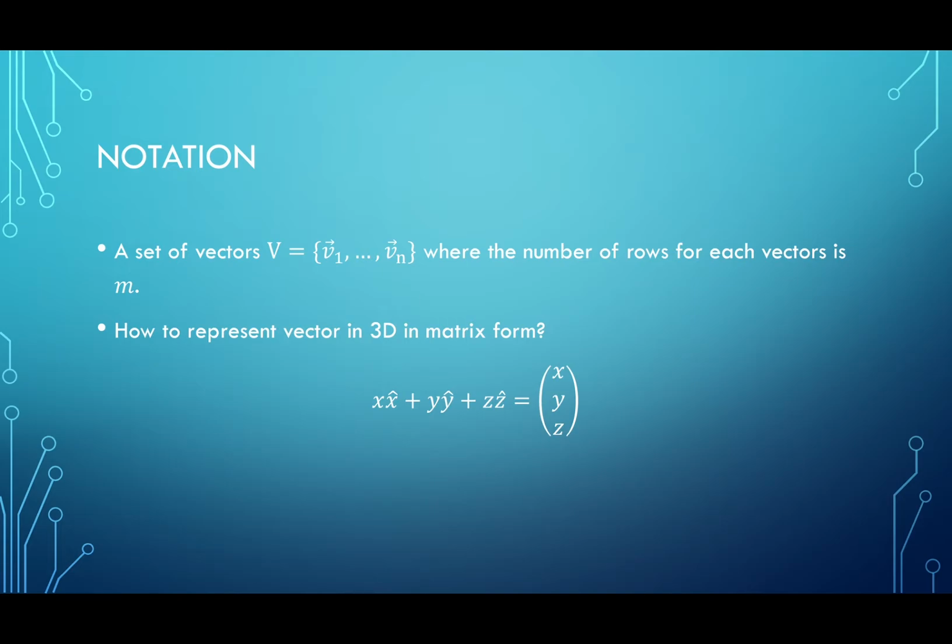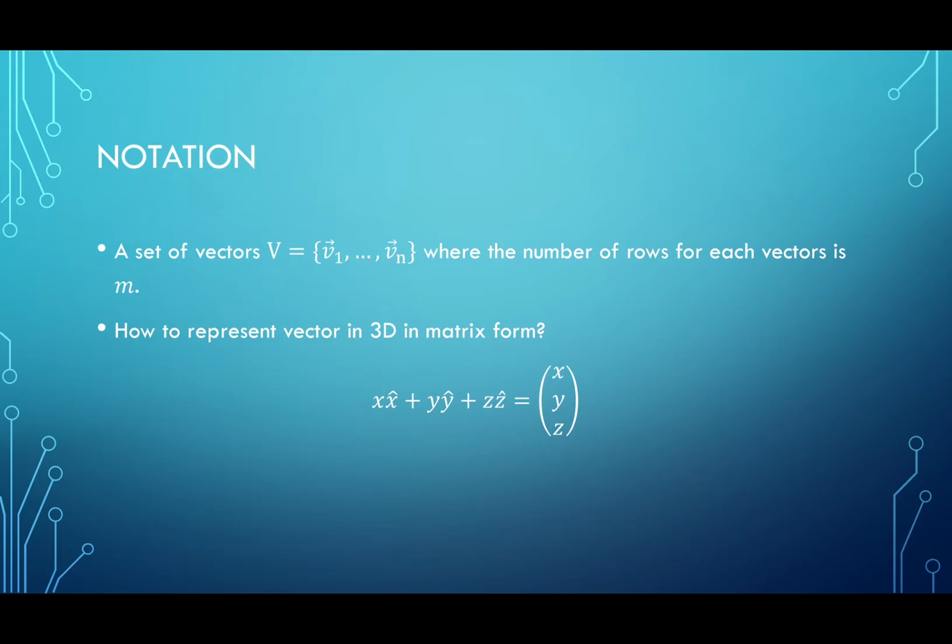So when I say a set of vectors, I represent it as V equals curly brackets of vectors, right? v1 is a vector, and vn is a vector, and we have v1, v2, blah blah blah till vn, where the number of rows for each vector is m. So actually we need to represent our vector, instead of like xyz or ijk, in a matrix form.